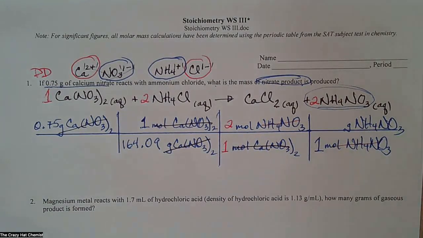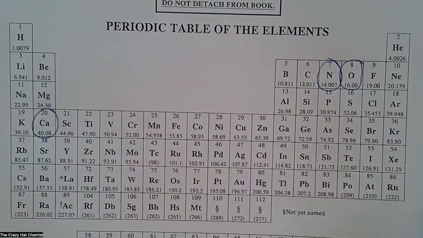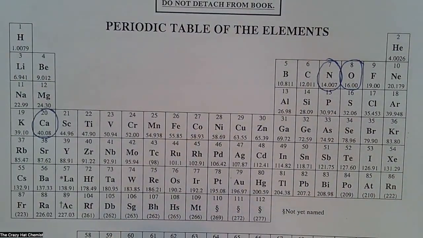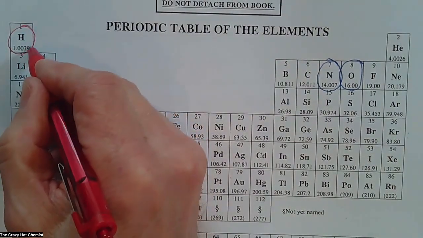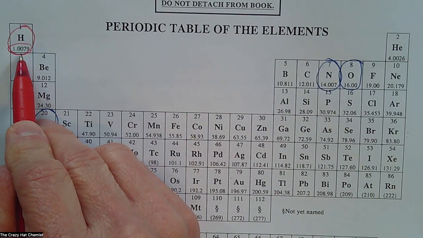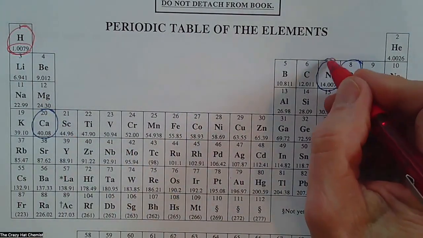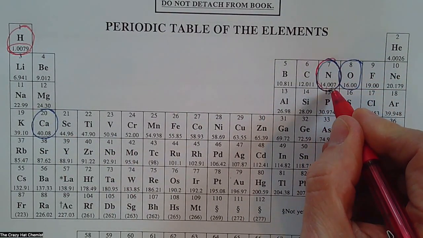And so what we're going to do is we're going to peel off our periodic table here, like what we did earlier here. And I think, yep, that's what we have. So ammonium nitrate, we're going to look at hydrogen. And we're going to take the molar mass of hydrogen, 1.0079, multiply that by 4. Then the molar mass of nitrogen, and that's 14.007, multiply that by 2.